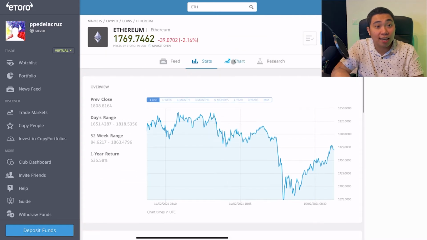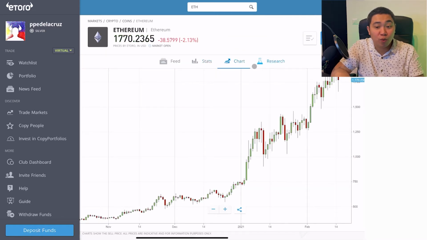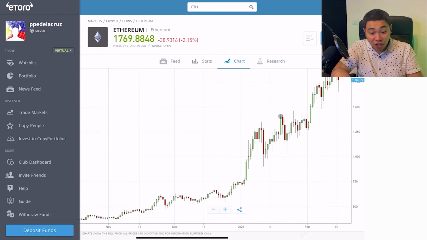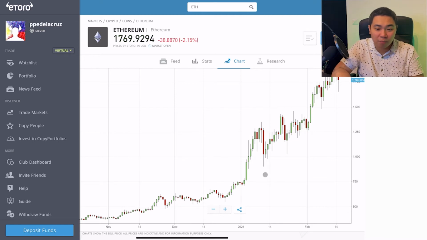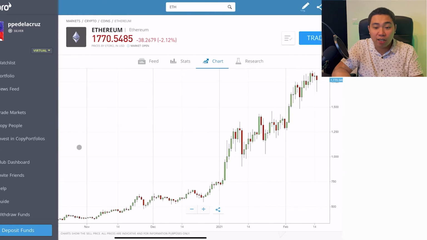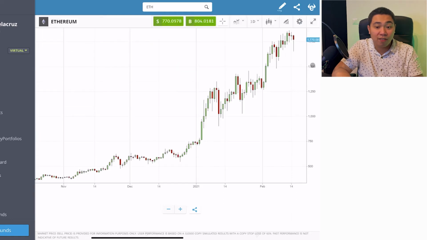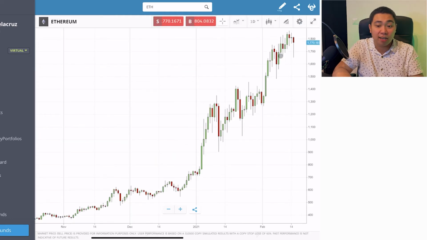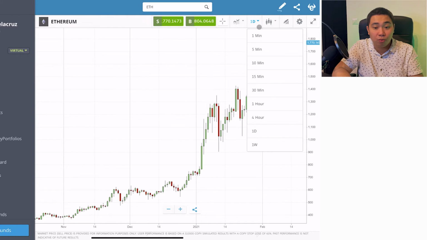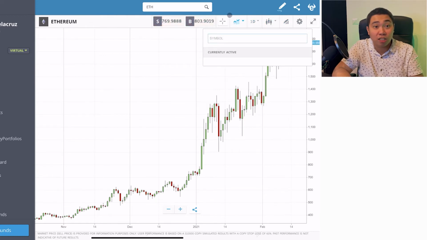You can also select the chart tab, which will now give you the opportunity to look at a more detailed view. My chart gives me a candlestick view of the shares, and what I can actually do is click on the expand button on the right side, and once I have that, I get a bigger chart, and I can take a look into different kinds of things that I can use the pro charts for.